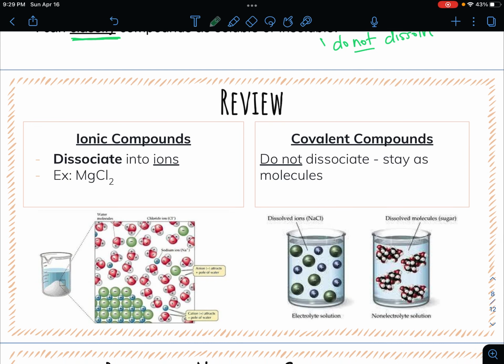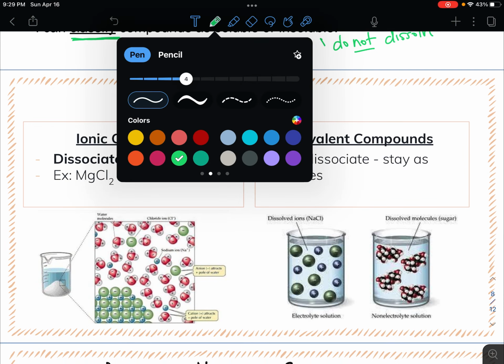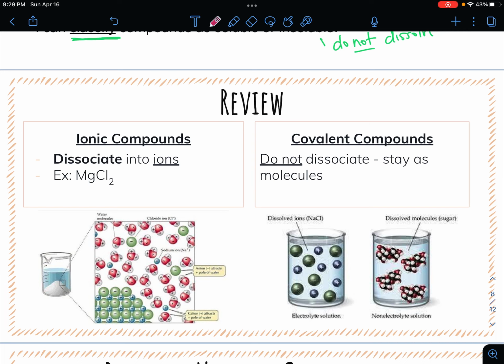So just to review a little bit of this information, we know that ionic compounds are going to dissociate into ions. Here we can see some different images.